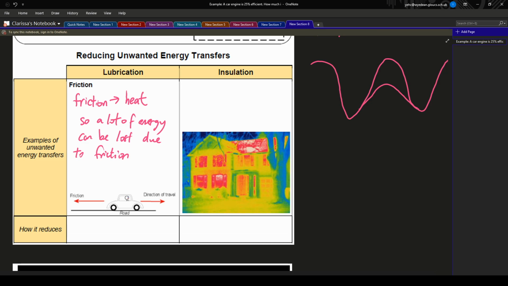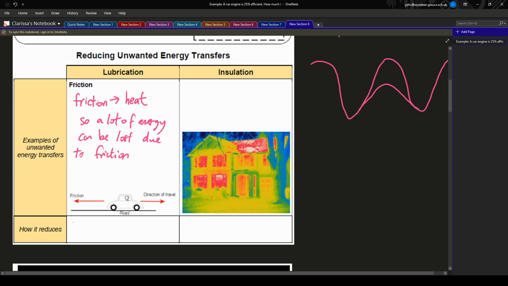So when we want to reduce friction, we can use something known as lubrication, which is basically any sort of substance, like oil, that makes the friction a lot less. The contact between the two objects slides a lot more easily, so there's less friction, so less energy lost as heat.